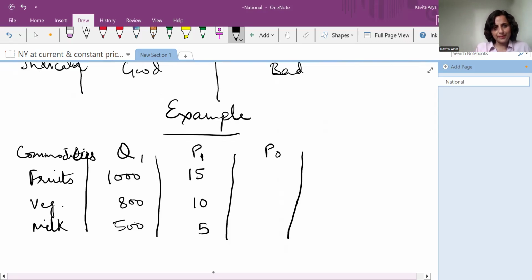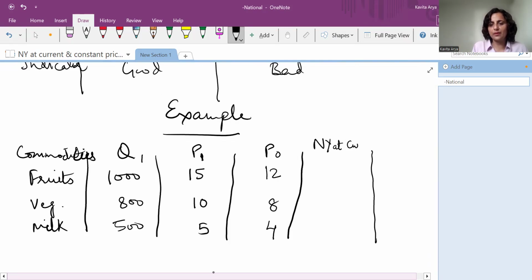So we take the example that fruits were priced at, say, 12 rupees per unit, veggies were priced at 8 rupees per unit and milk was priced at 4 rupees per unit in the base year. So what would be the value of national income at constant prices and current prices?